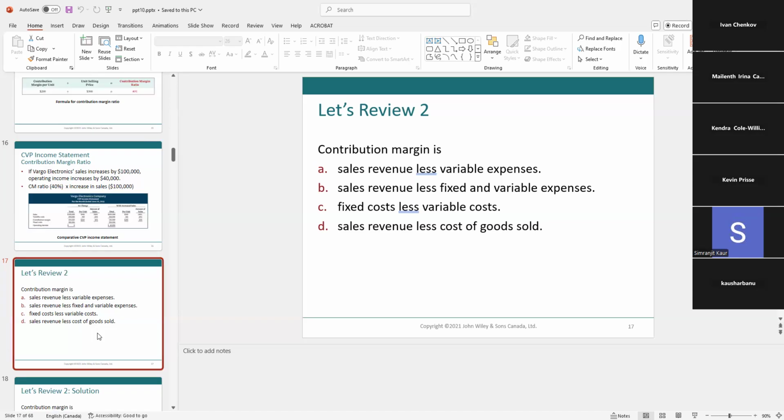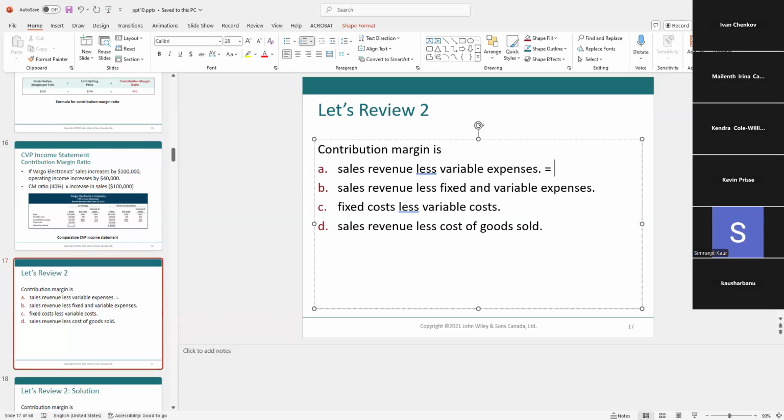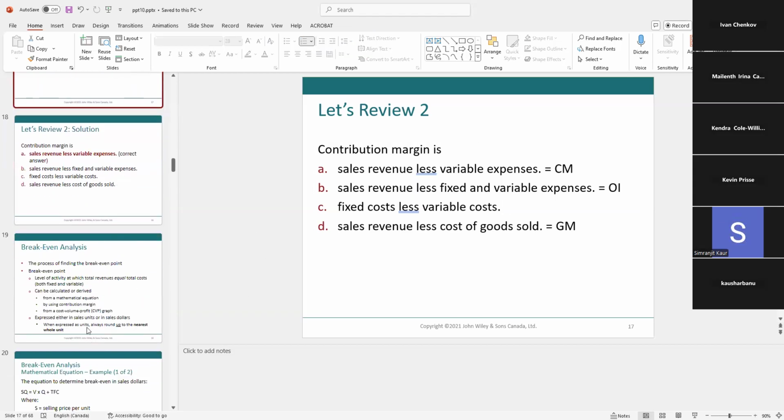Just the sales revenue less fixed and variable expenses. Can you see those? So this formula is going to give us contribution margin. This formula here is going to give us operating income. This formula here is going to give us gross margin. That one, fixed cost less variable cost, actually doesn't give us any. Okay, so you can see all those three formulas here in this question.